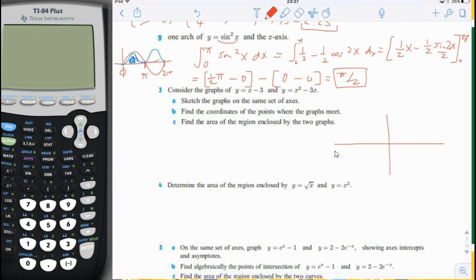So x minus 3 is a diagonal line that goes through the y-intercept of 3. And y equals x squared minus 3x is a parabola. Let's see. When you put in x equals 0, you get 0.